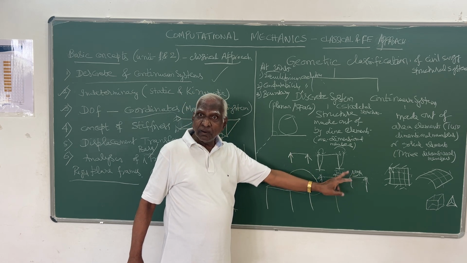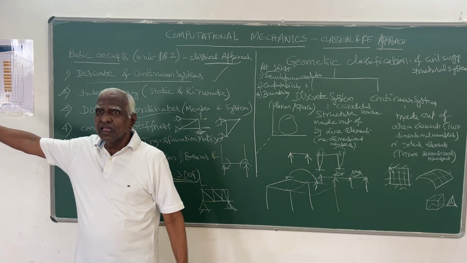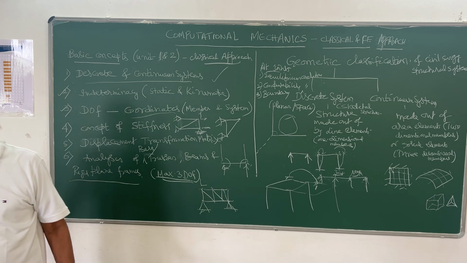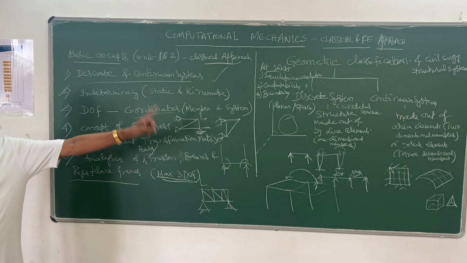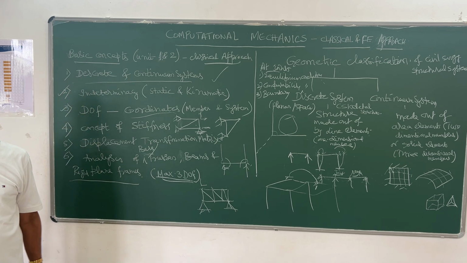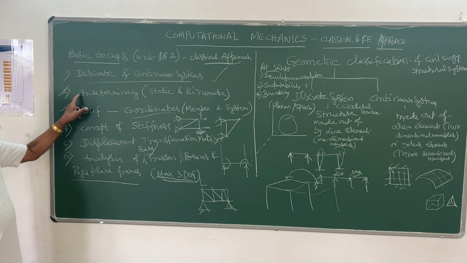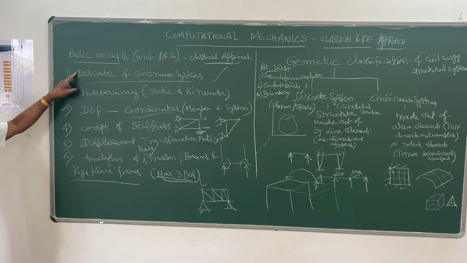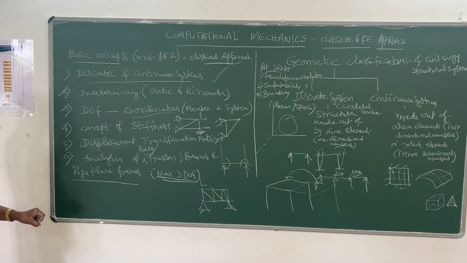Here in a beam, all elements have to lie along one direction only. There, all lines can be in different directions. That is a rigid plane frame.